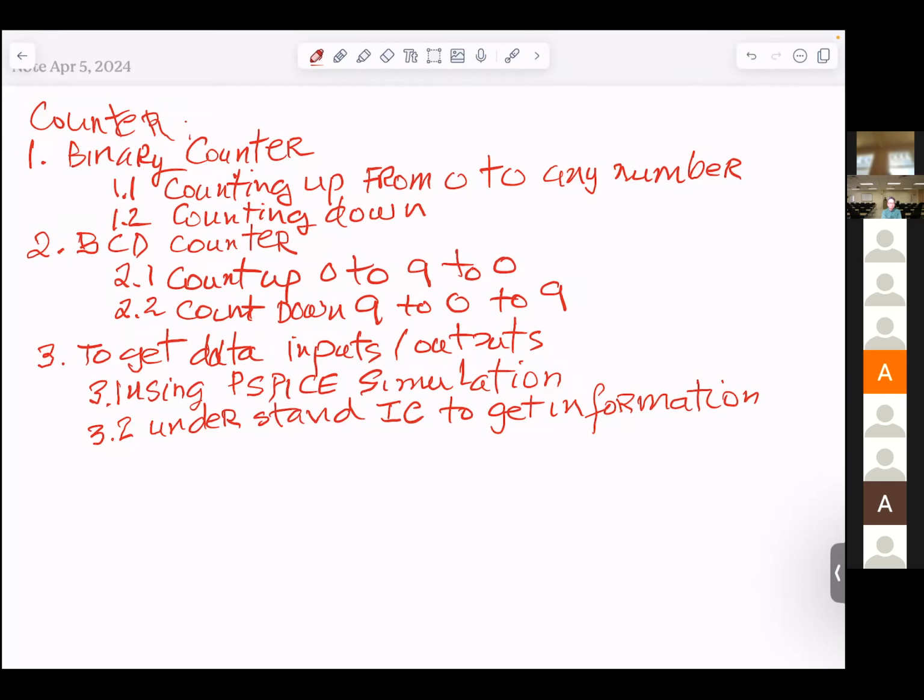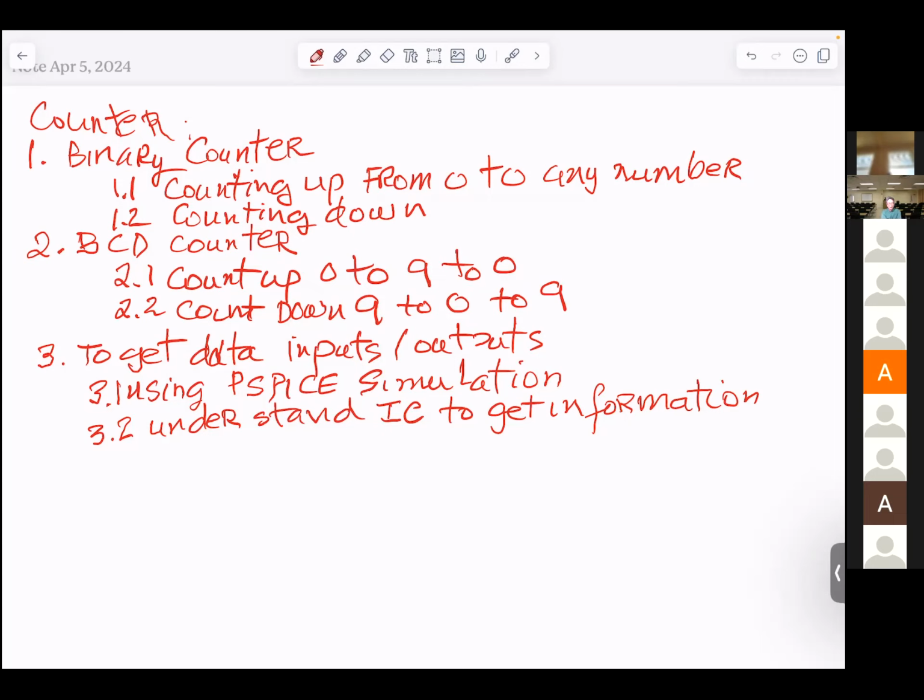Okay. However, the PSPICE simulation we're using is the student version, so they don't have many parts in that library. So we cannot run the simulation.